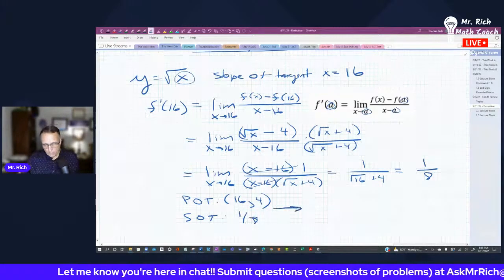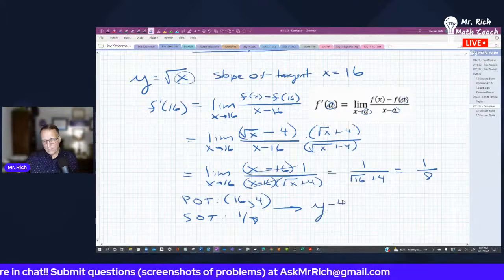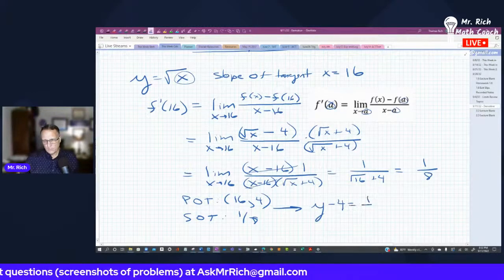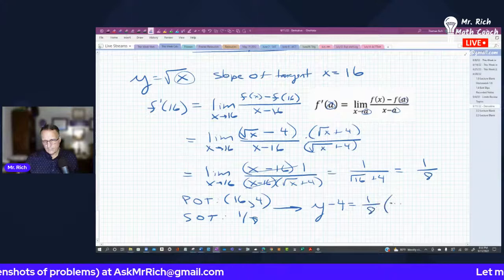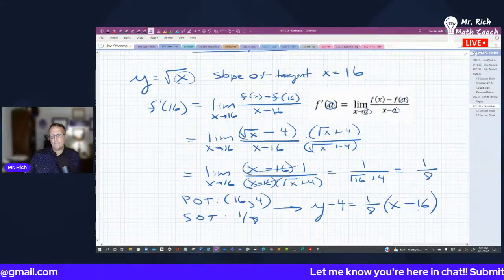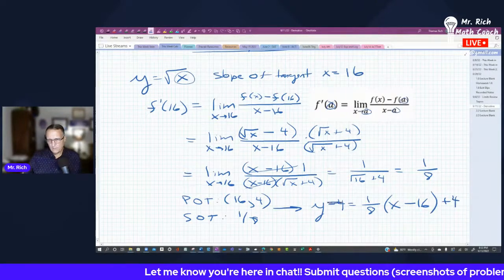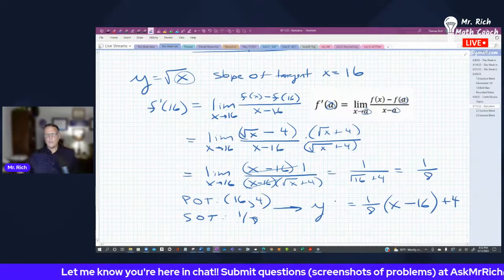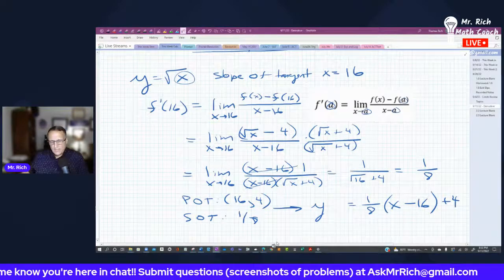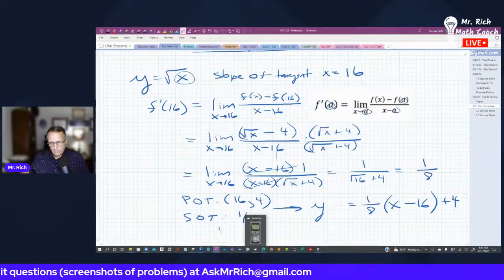If I throw both of those values into point slope, I get y minus 4 is equal to 1/8 times x minus 16. Okay, let's move the minus 4 over, and it gives us a function that looks like that. I'm going to go over to Desmos, and we are going to graph that and see if we got it right.